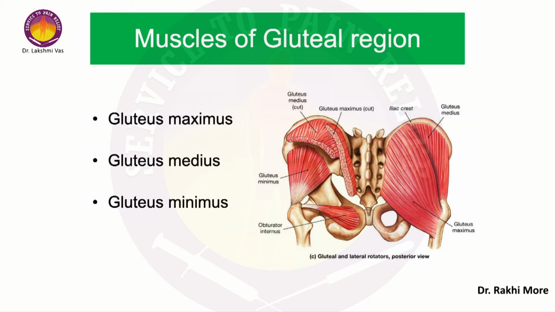Now the gluteus maximus again has a very wide origin from the outer lip of the posterior aspect of the iliac crest, then on the sacrum and the sacrotuberous ligament, and on the gluteal surface of the ilium, and it will get inserted on the iliotibial tract and the gluteal tuberosity on the femur.